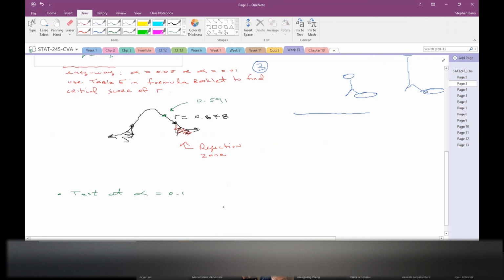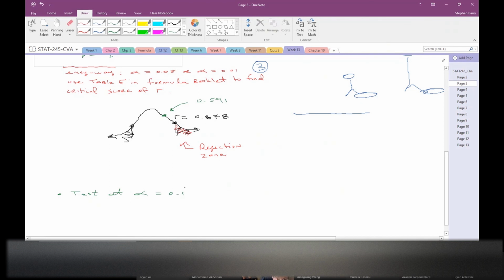What about that? Because at 0.02, you could say, well, it's not going to be significant, because if it doesn't meet 0.05, it's not going to meet 0.02. But what about 0.1?